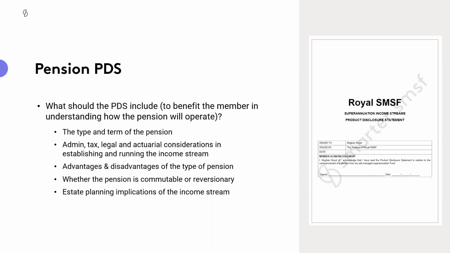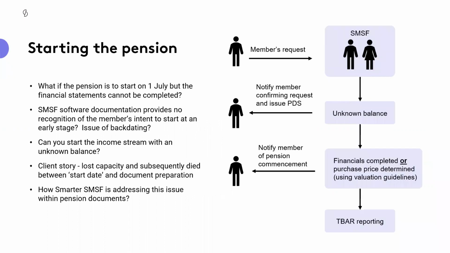So when we get to starting the pension, this is where it becomes quite interesting, because what if, and this is very common, the pension is to start on the 1st of July, but the financial statements clearly can't be completed at that point in time.